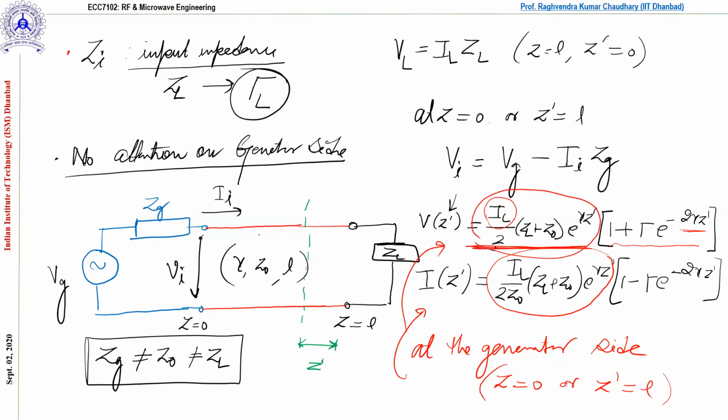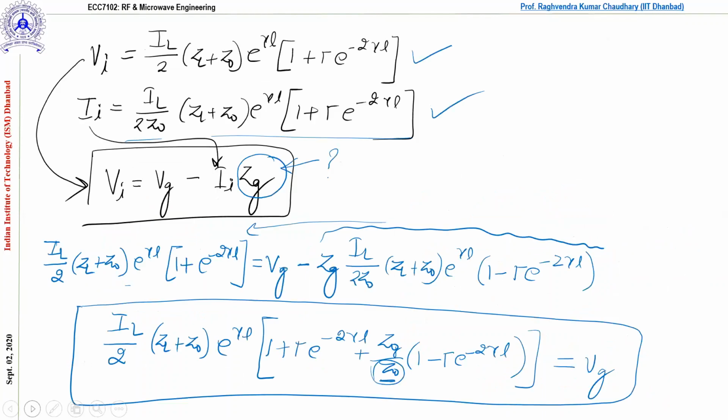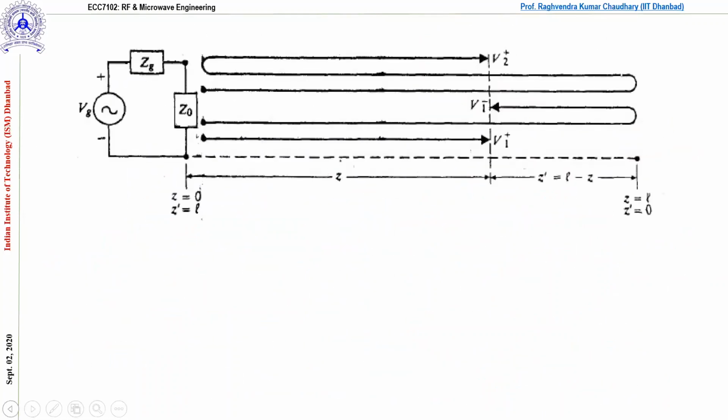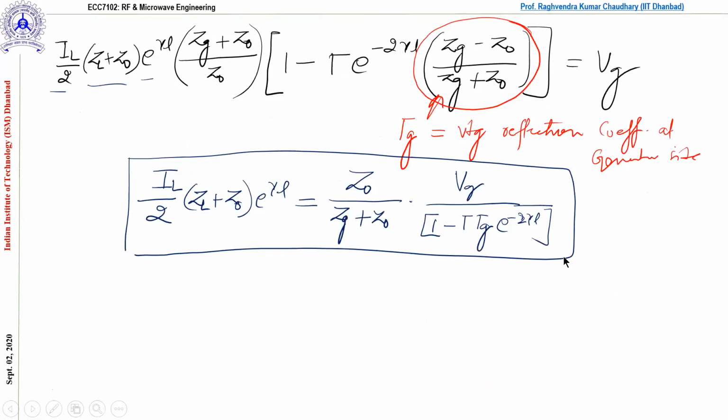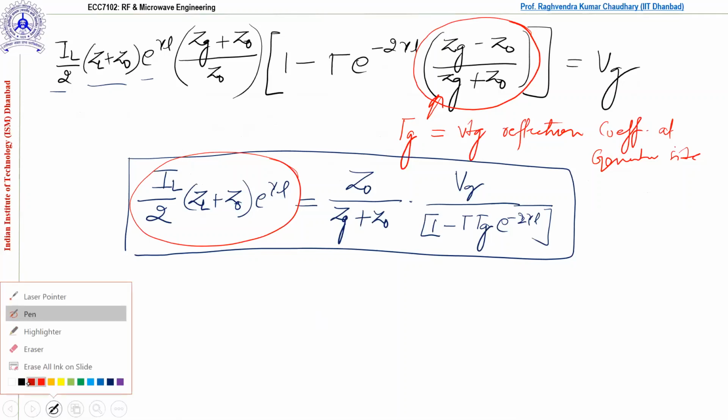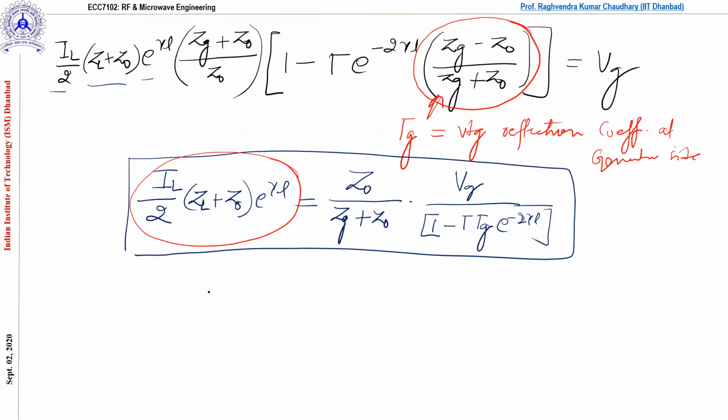So that is why we managed IL by 2 (ZL plus Z naught) e to the power gamma L. And now we will use again this V(z dash), and this whole thing will be replaced by what we just derived. So I'm writing the final equation, using these things in the previous equation. You can write a very nice formula.